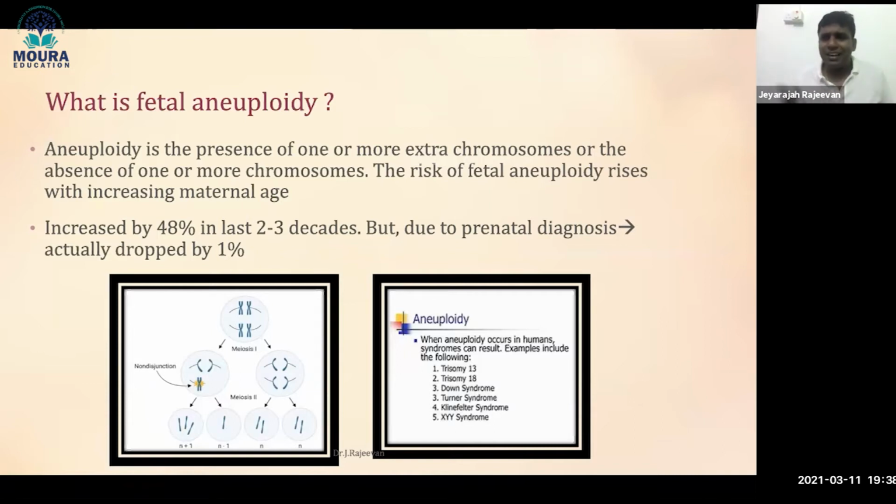Now today we are going to discuss what those screenings are, and how we diagnose all these chromosomally abnormal babies prenatally as early as possible to terminate those pregnancies. That is the topic we are going to discuss. It's a very difficult topic. So far, are you all clear? Do you have any questions so far?